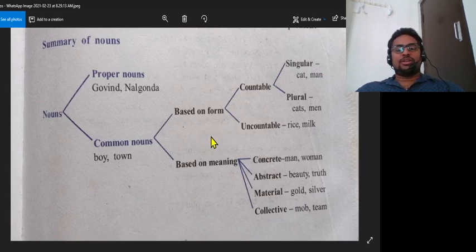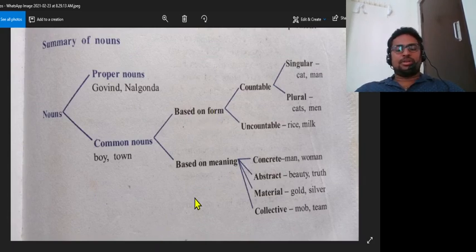Material nouns are made up of materials: gold, silver, plastic. Collective noun represents a group of persons or people. Concrete: man and woman come under the concrete nouns.